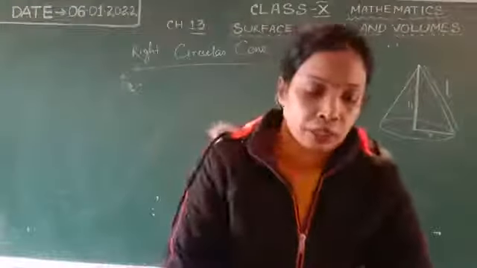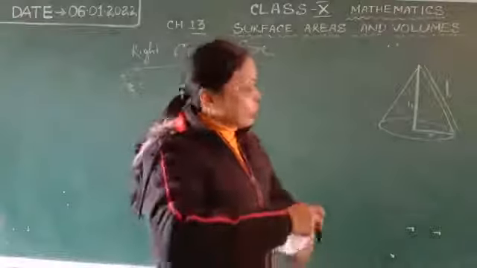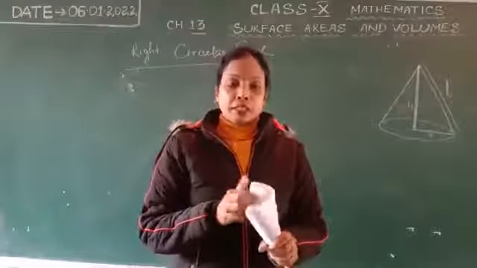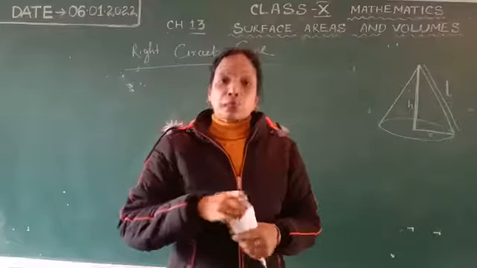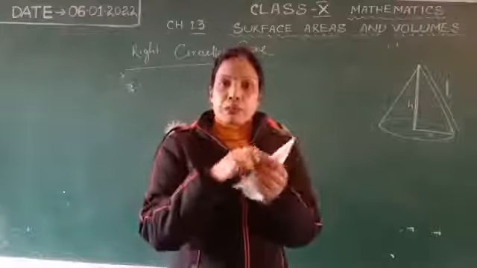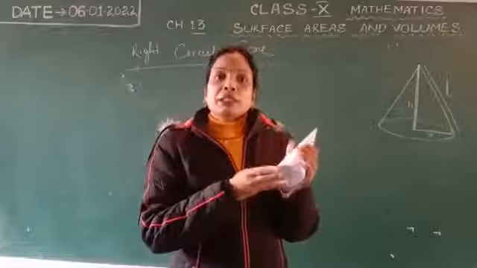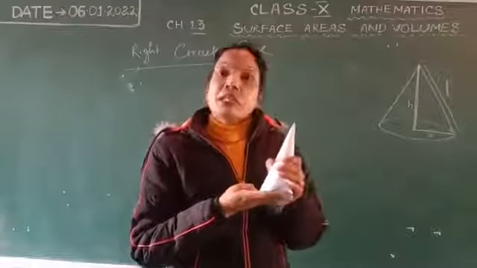Two faces. Now the lateral surface area, here we call it the curved surface area. This face area is called the curved surface area, and the total surface area means the curved surface area plus the area of this circular flat face.